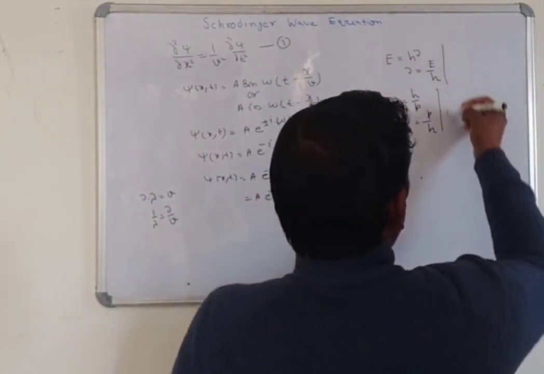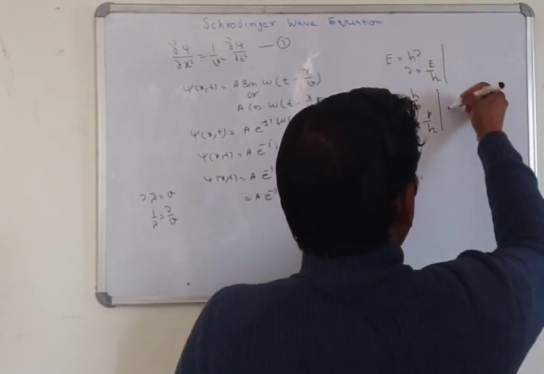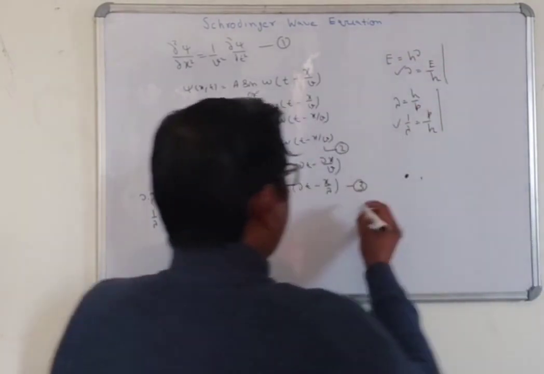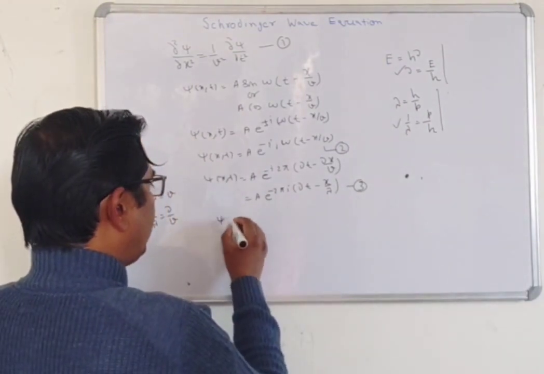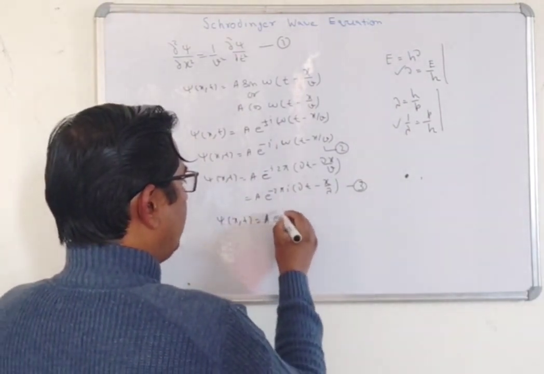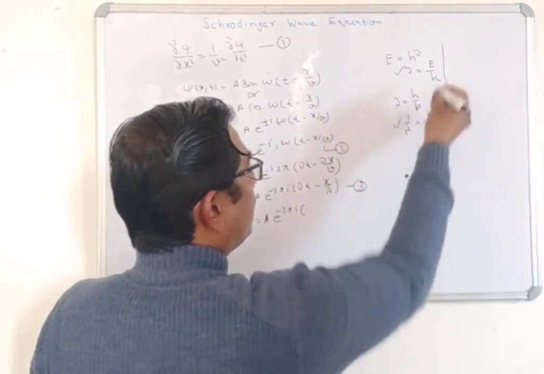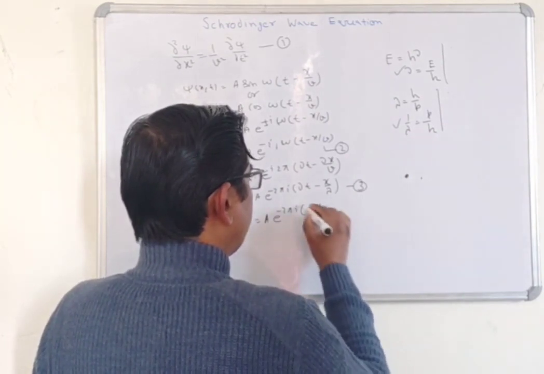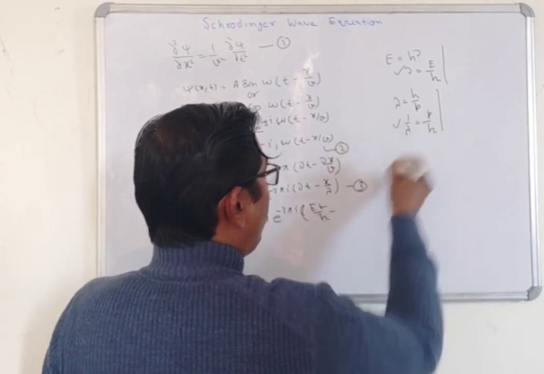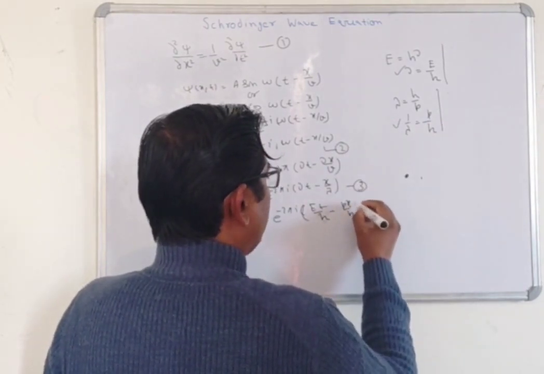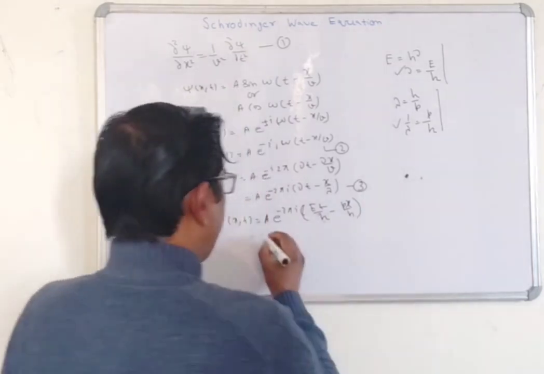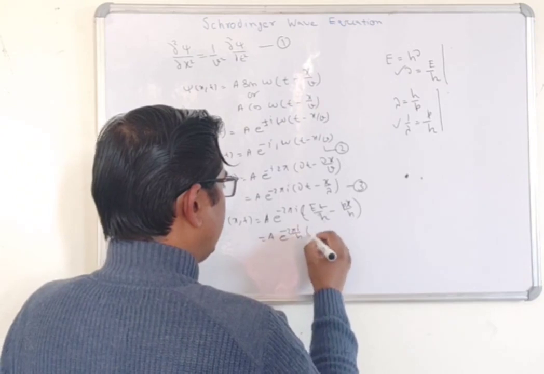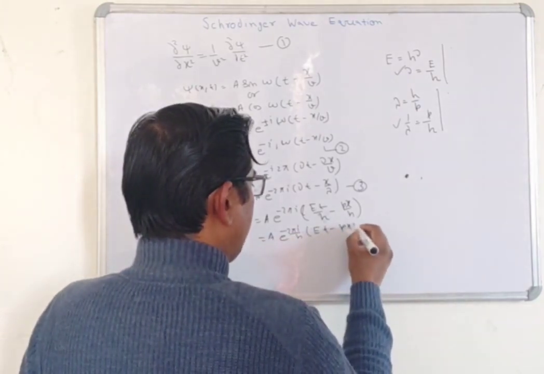Now as per the suggestion by Schrodinger, we put the values of nu and lambda in equation number 3. Now we can write the wave function psi of x, t is A e to the power 2 pi i, where nu is E by h, so E t divided by h minus 1 by lambda, p x by h. We take the common factor h: A e to the power 2 pi i by h times Et minus px.